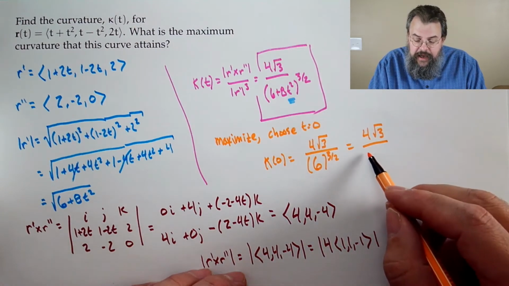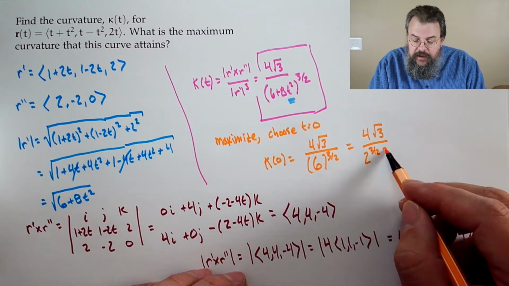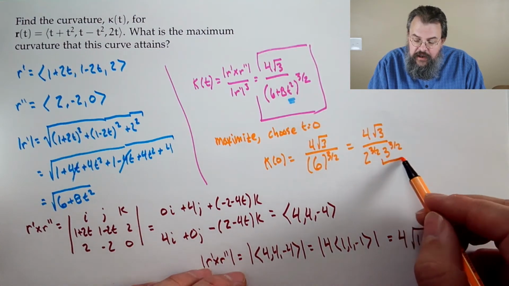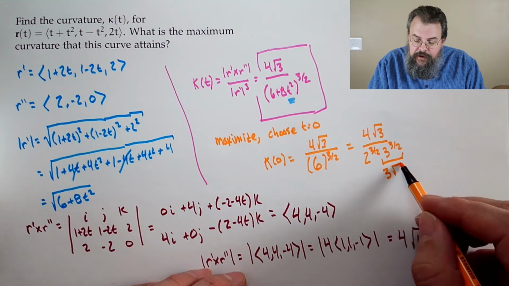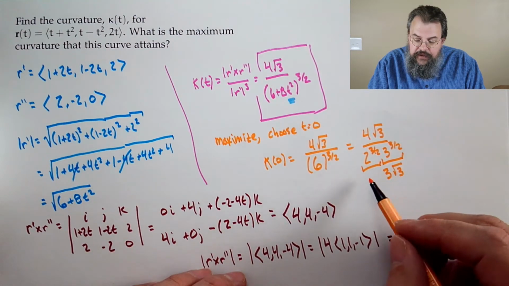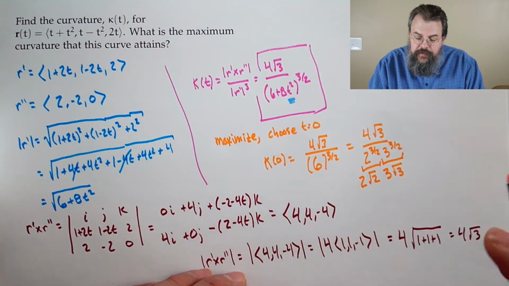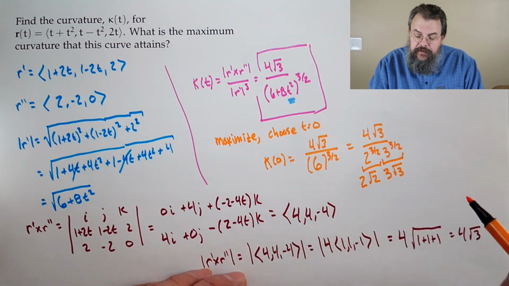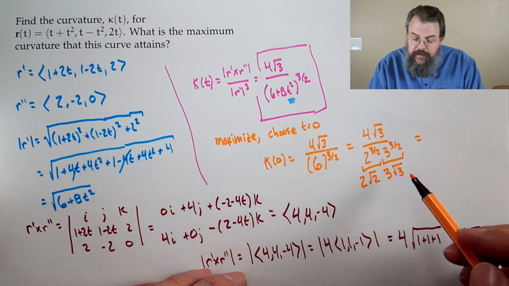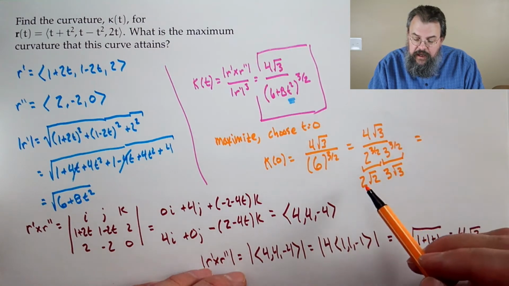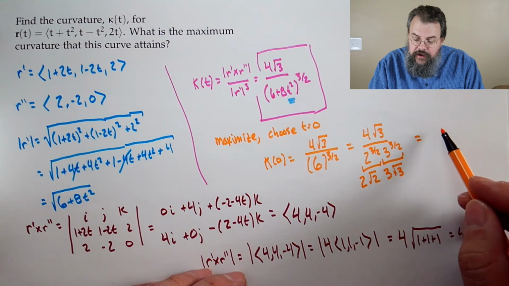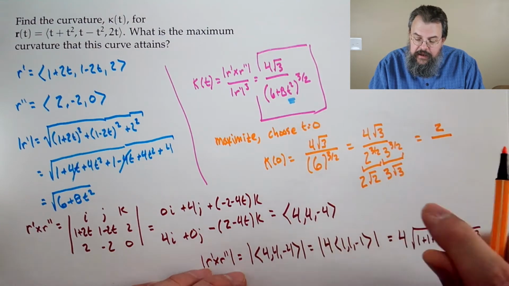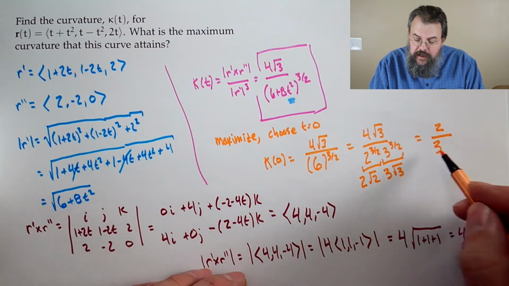So I can think of it as 2 to the 3/2, 3 to the 3/2. 3 to the 3/2, another way to write that is 3 square root of 3. 2 to the 3/2 is 2 square root of 2. And if you do it like this, the square root of 3's can cancel, and you can cancel a single 2. So you can write this as 2 divided by 3 root 2.